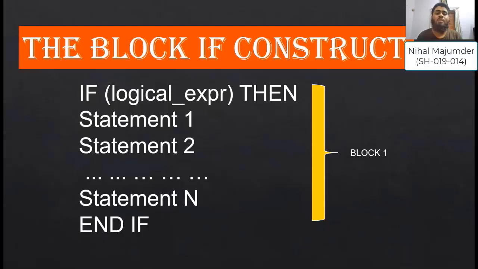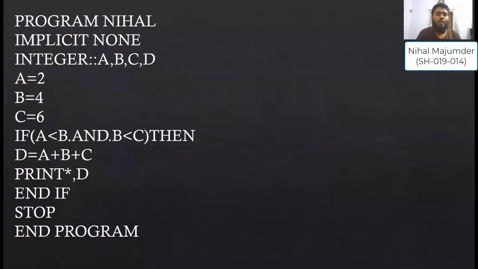Now, let us consider an example. Here A, B, C, and D are integer data type variables. Assume A equals 2, B equals 4, and C equals 6.